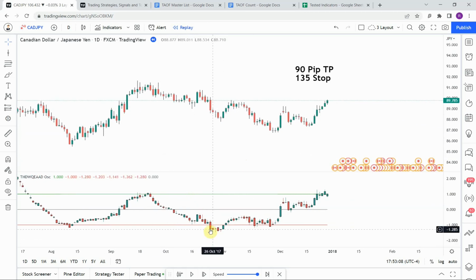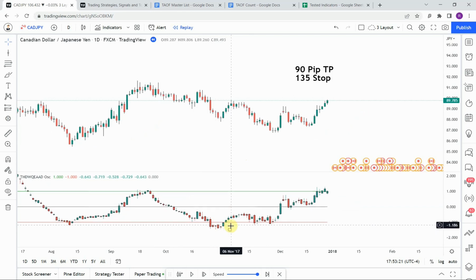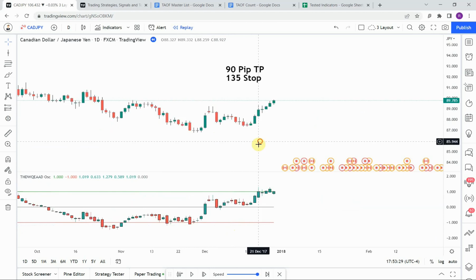On the other side, when we get candles that break down below this lower red line, we wait for the first candle to cross back up above that red line. Then we are going to go long. Similar to how we've tested a few other indicators, including the RSI.